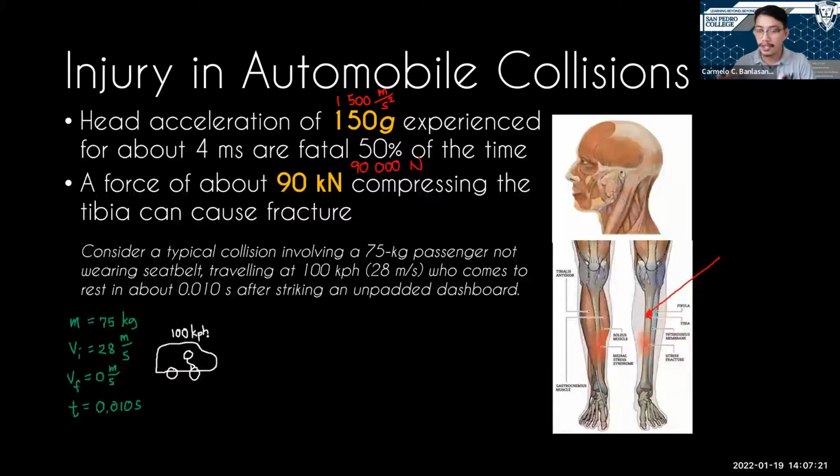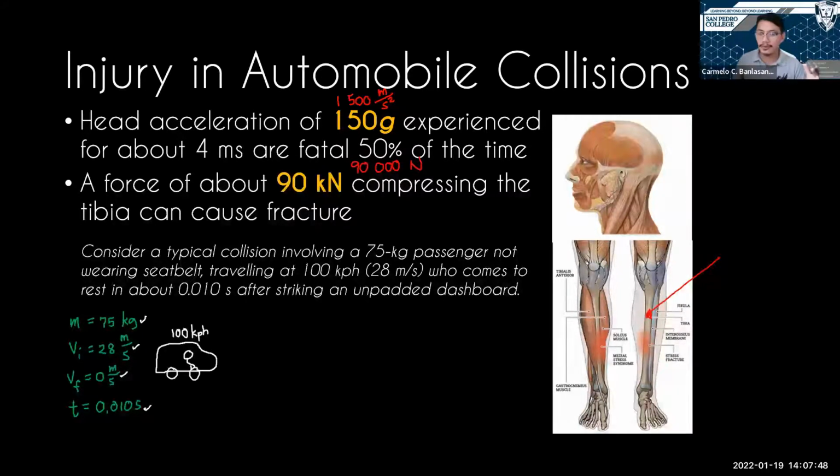And the duration of collision is 0.010 seconds. We can measure the mass, we can weigh it, for example. The initial velocity, we can see that on the speedometer. The final velocity is 0 because it collided and came to a rest after. And then the duration of impact can be measured also.